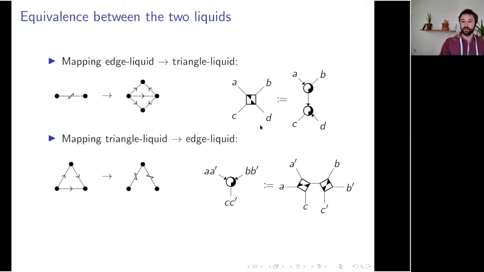This means that if I start with a network of this edge liquid, then I apply the first mapping, and then I apply the second mapping, I do not end up with the same network, but I end up with a network that is equivalent to the original one up to these local moves. And this implies that if I apply these two mappings to a model, I do not end up with the same model again, but I do end up with a model that is in the same phase.